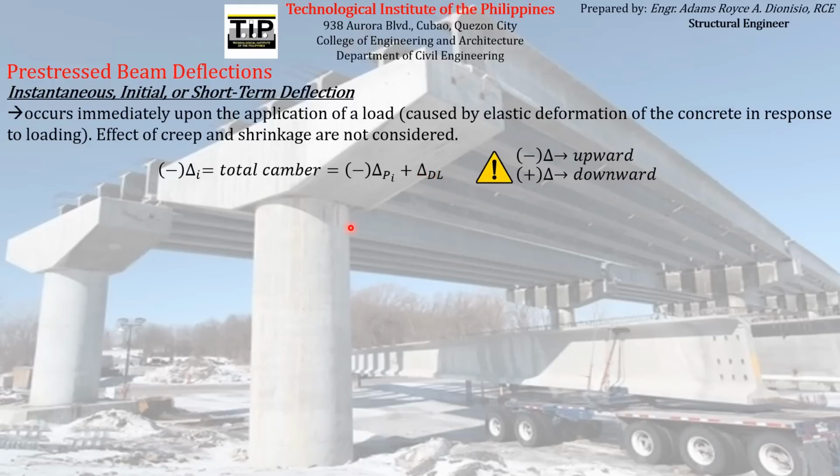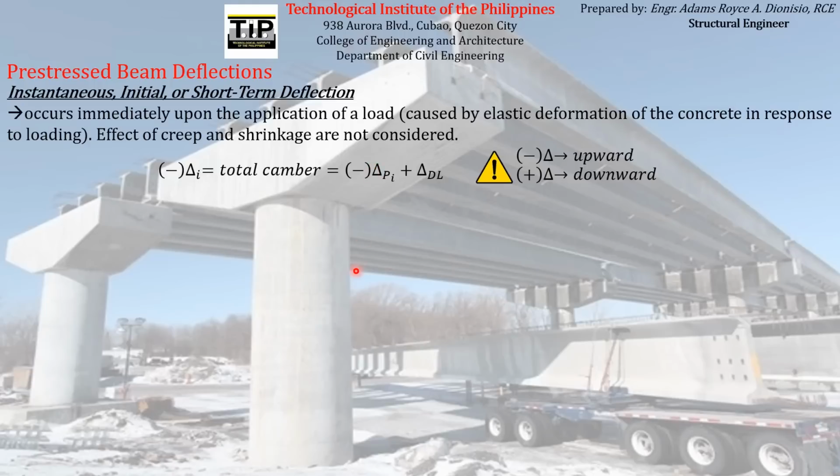If you remember from our previous discussion, whenever the prestressing force is transferred to the concrete element, the element tends to bend upward, thereby experiencing what we call camber, which is an upward deflection. That's why we put a negative sign here. That upward deflection due to the initial prestressing force is equal to this term here.